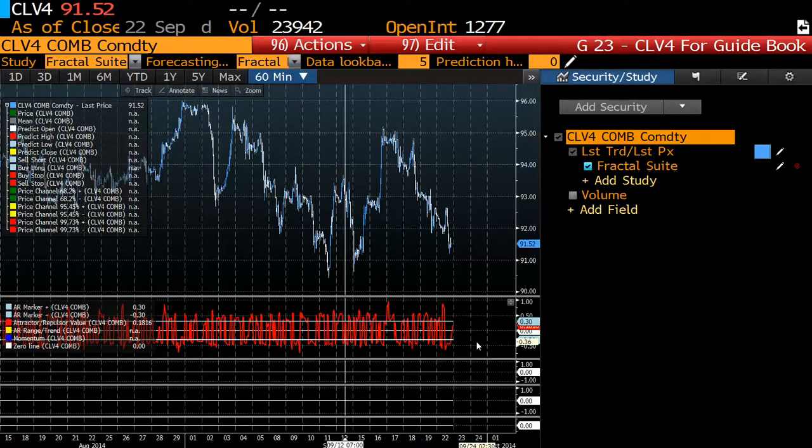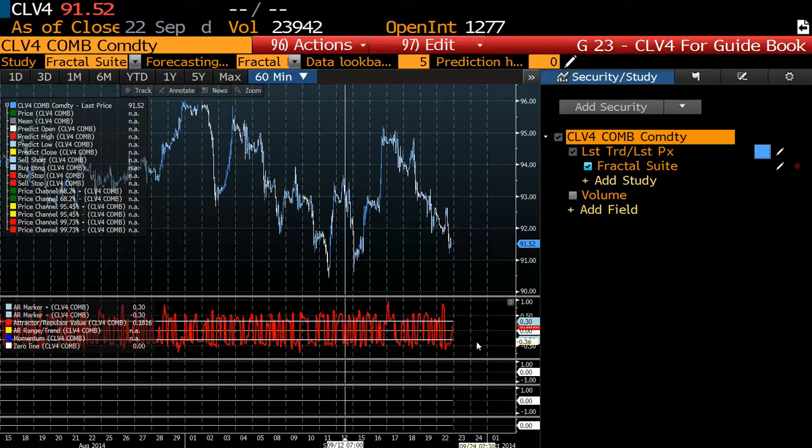Now the value of the arc will fluctuate between +1 and -1. So the meaning behind that is that if the number is positive, it is indicating that the price and the predictor are in an attractive state, or state of attraction.